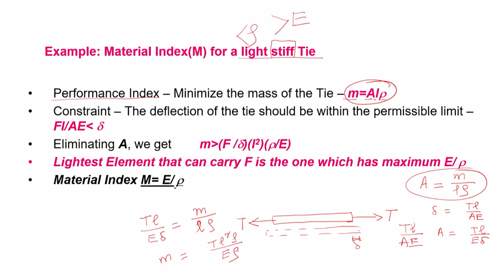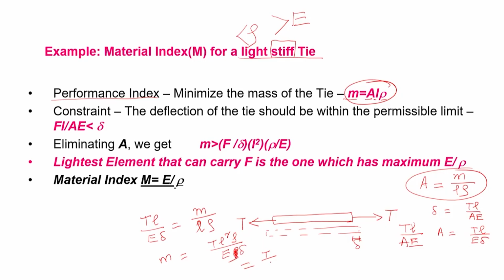And I can write this in terms of 3 different groups. This T by delta is something that we can consider separately. So, T by delta, okay.